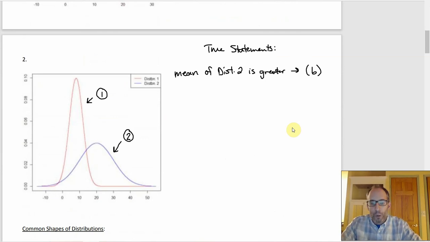All right, and then which one looks like it's more spread out? 2, the blue one, right? It's shorter, it's got the thicker tails.